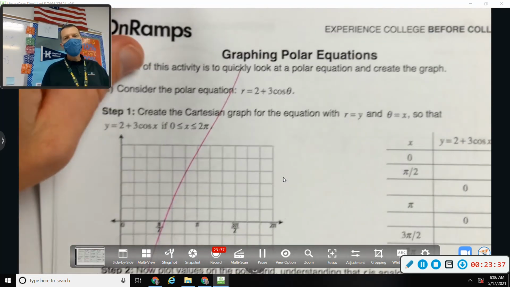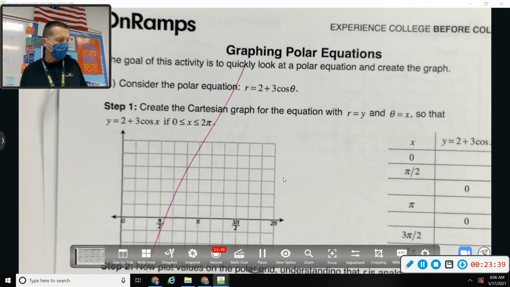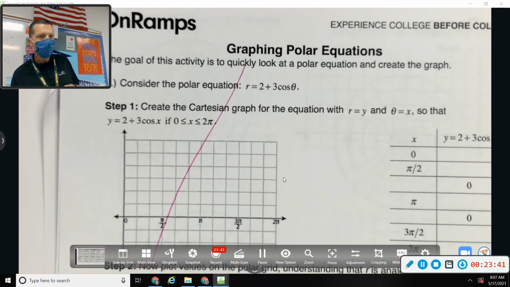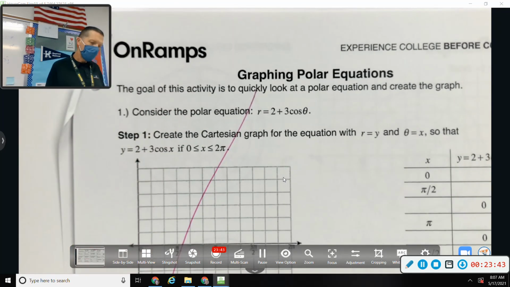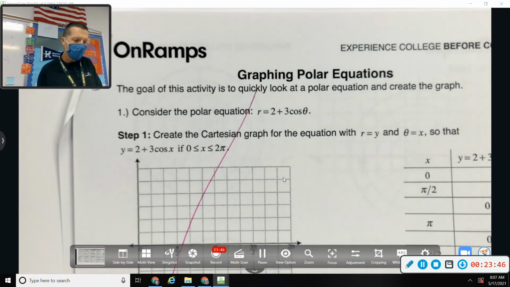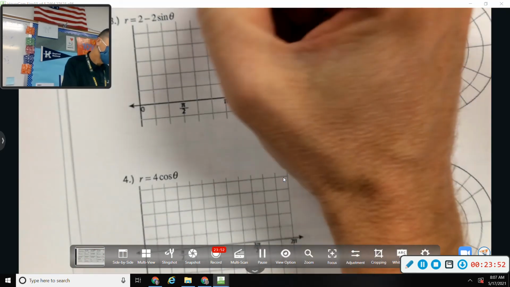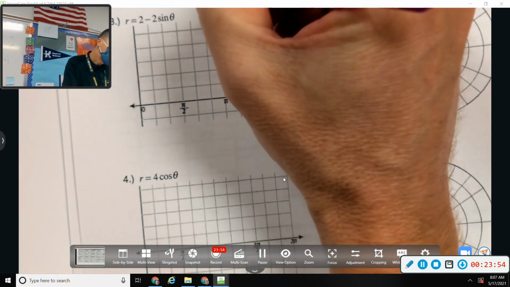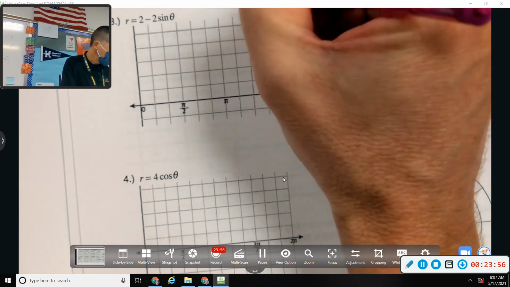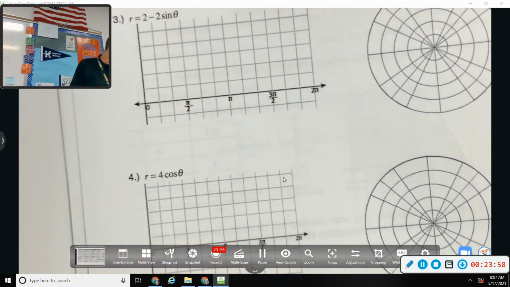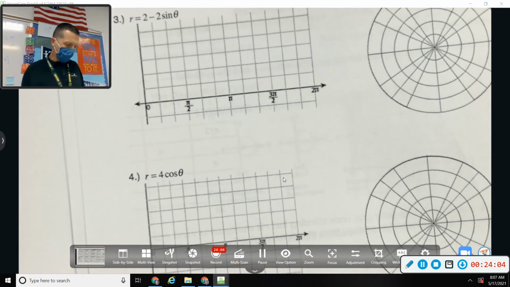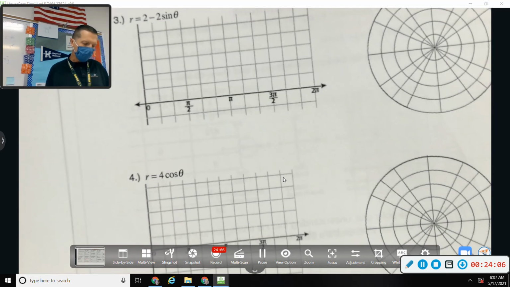So the page that looks like graphing polar equations at the top, with the on-ramps logo at the top. We do not omit the whole packet. So turn it over, look at number 3. So Monday's homework is 3 through 6 on this page. So 3, 4, 5 on that page.